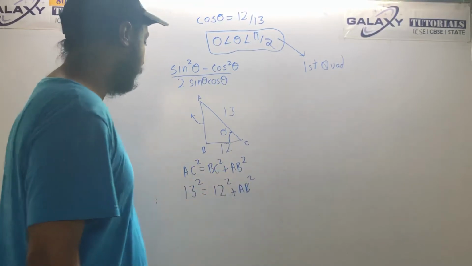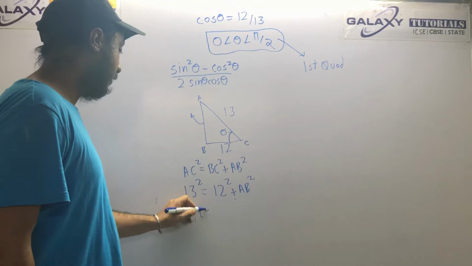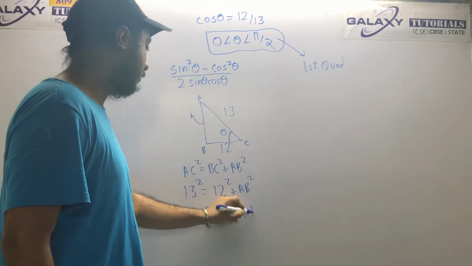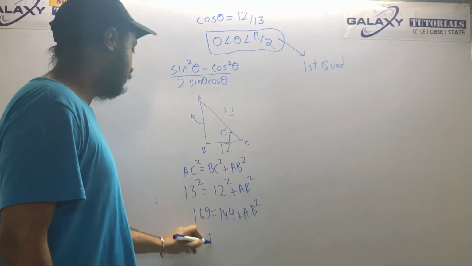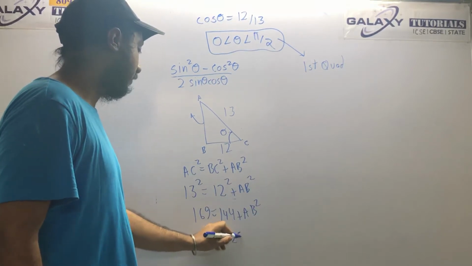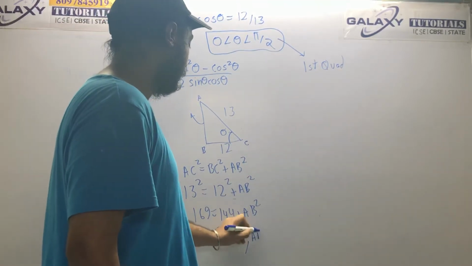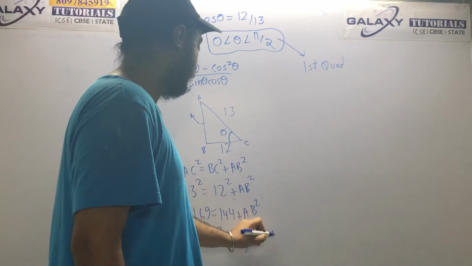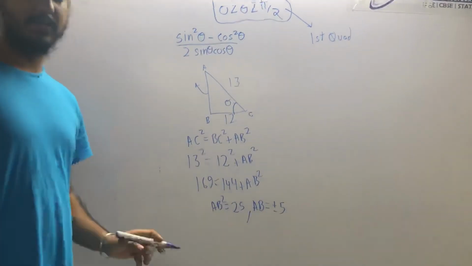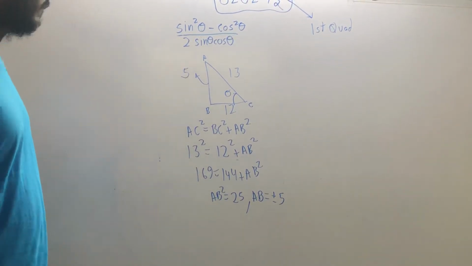So 13 square minus 12 square: 13 square is 169, 12 square is 144. AB square will be 25. So AB will be how much? Plus minus 5. Whenever you take out the square root, you put the value plus minus 5. So we will take the value plus 5 only.